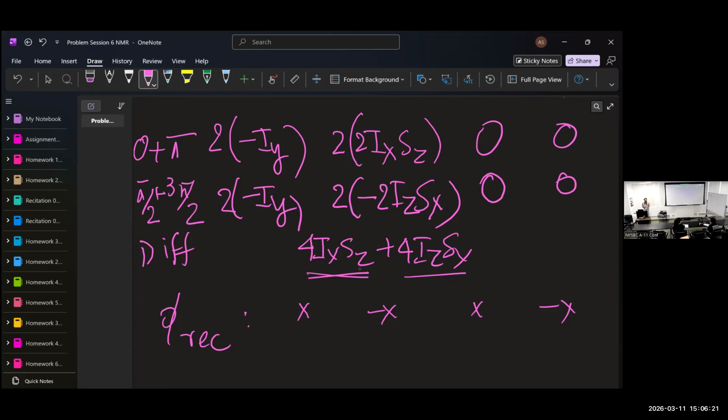Omega I. The transverse is on I. Then 4IZSX, which we are maybe used to writing the other way around, so you can write it as 4SXIZ, will evolve during T2 at what frequency? Omega S. That then becomes your cross-peak coherence.